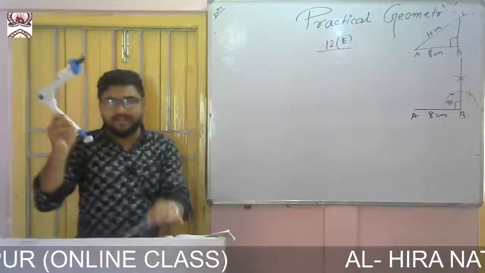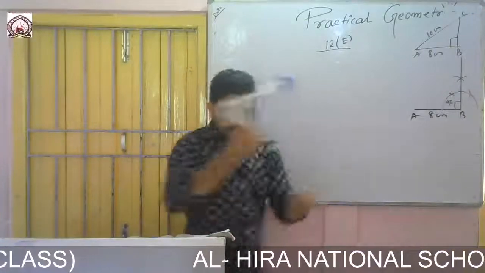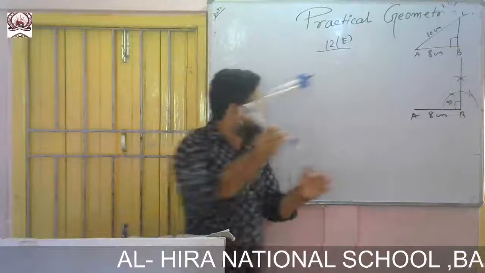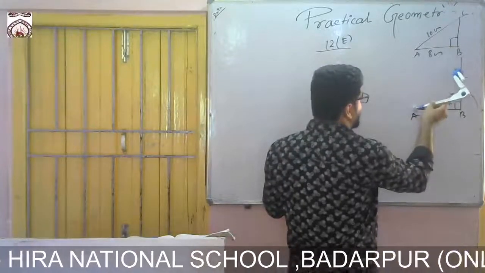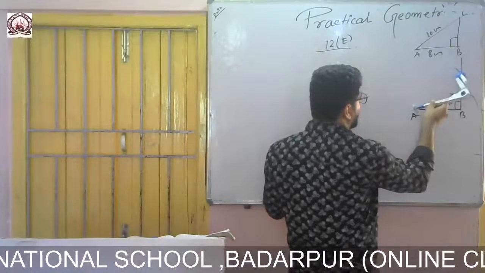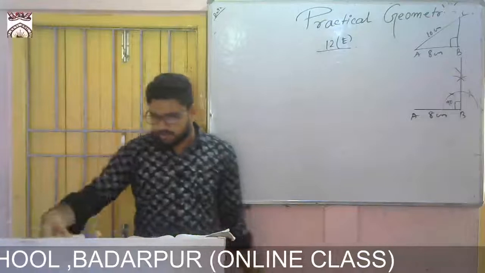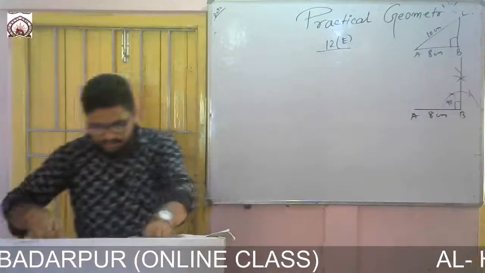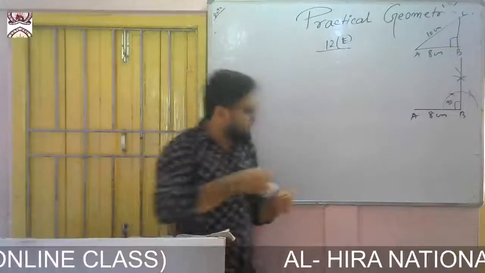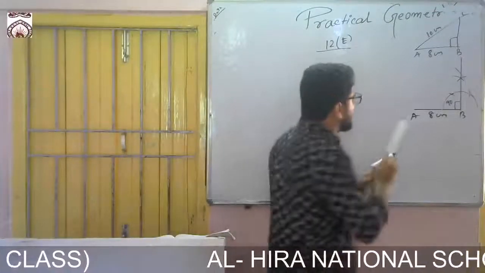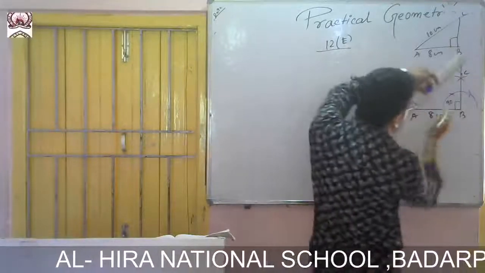I have taken this 10 centimeter, and placing this one at A, I cut. This point of intersection will be C. Now join this one.